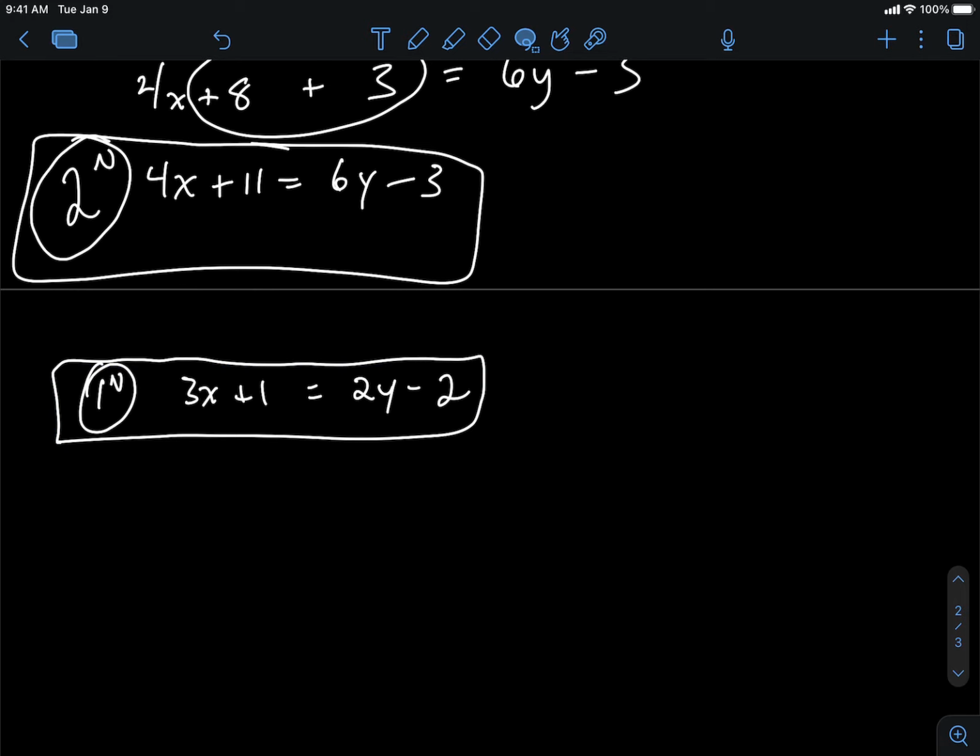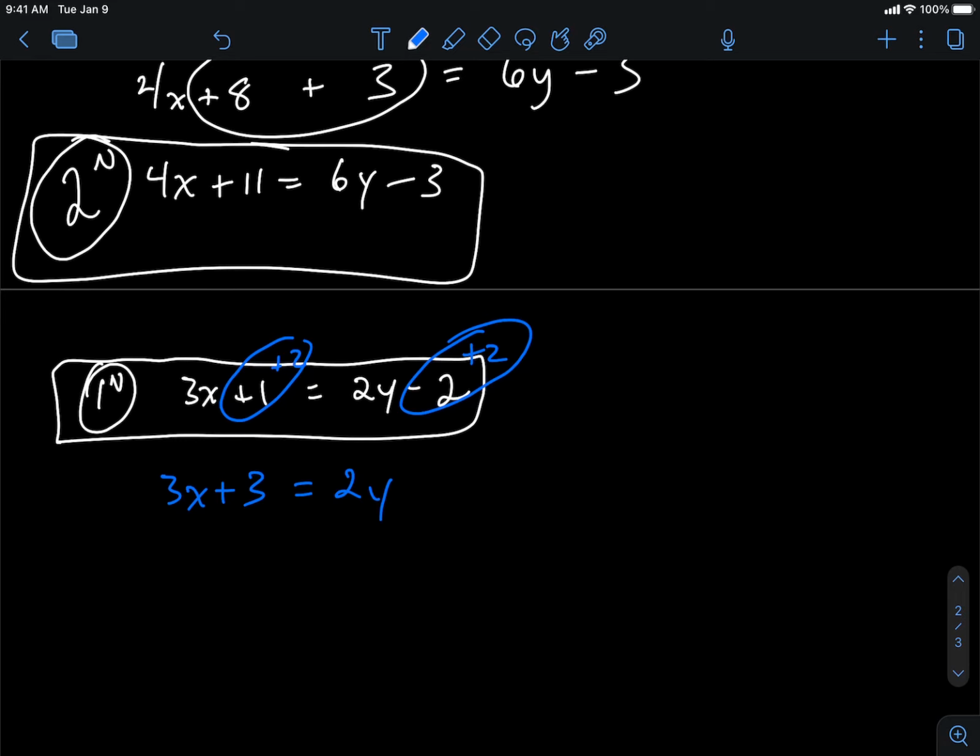Okay, we'll put this here and I'll clean this up one more step. If I create a 0 pair here, so plus 2, what I do to one side, I've got to do to the other, and that's a 0 pair now, and then you're going to get 1 plus 2, that's 3x plus 3 has to equal 2y.